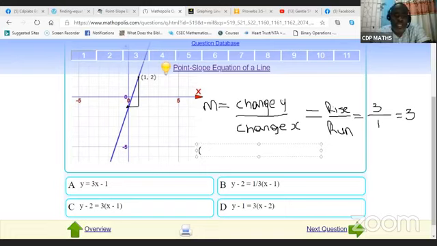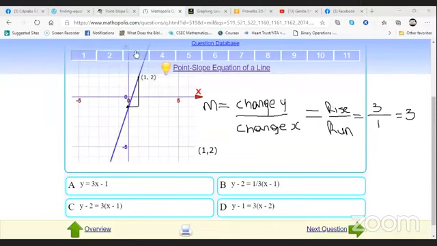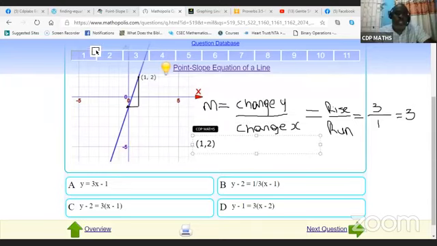The known point then is 1 comma 2. So we have the known point and we have the gradient. What's next? You fit them into the equation that was used to find it. So which is the correct answer now: A, B, C, or D?